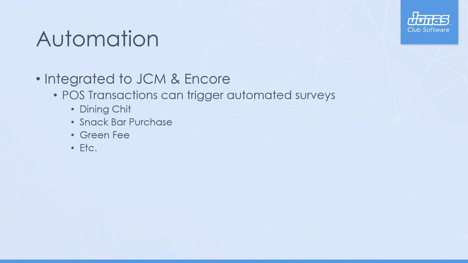And because the tool is integrated with Jonas Club Management or Jonas Encore, whenever a member comes to the club and they have a point of sale interaction, maybe they come to the dining room for a drink or a snack, or maybe they've stopped by the pro shop to pick up some balls or some new equipment, or they've stopped at the snack shack while going to the pool, these things can trigger a survey, and it doesn't require any heavy lifting on your part.